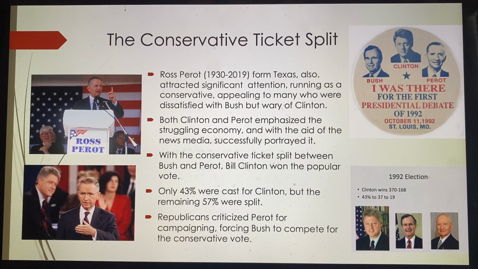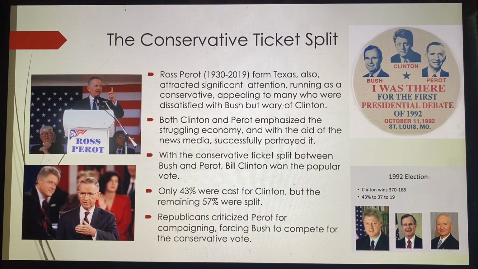Both Clinton and Perot emphasized the struggling economy, and with the aid of the news media would successfully portray it. With the conservative ticket split between Bush and Perot, Bill Clinton won the popular vote. Only 43% were cast for Clinton, though, but the remaining 57% were split between Bush and Perot.